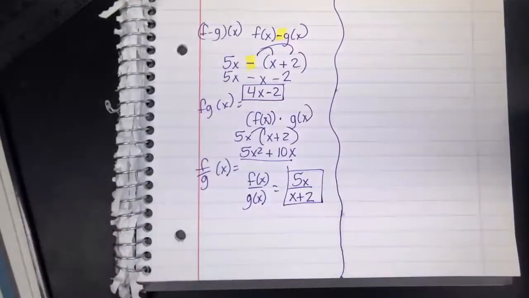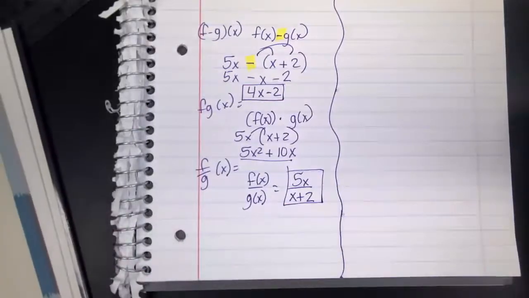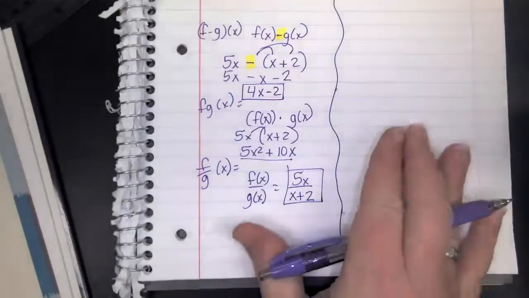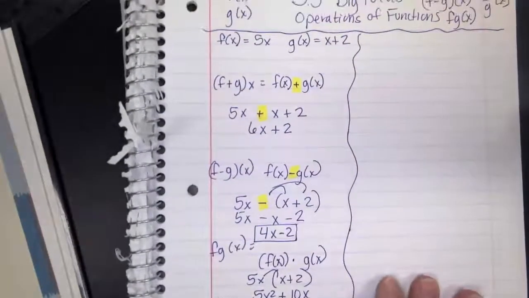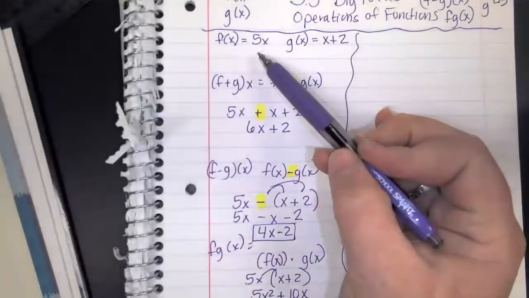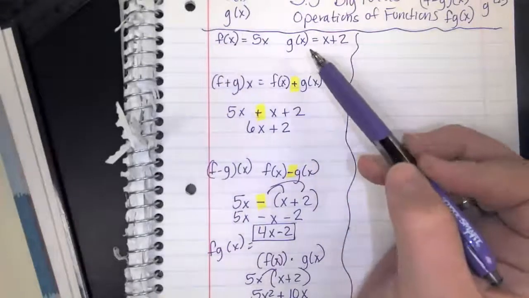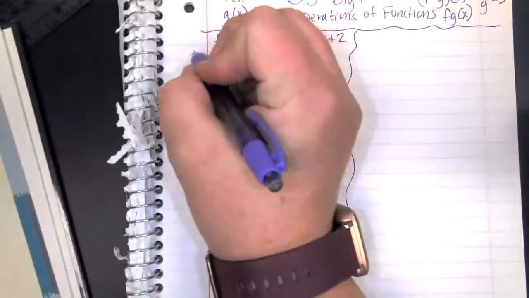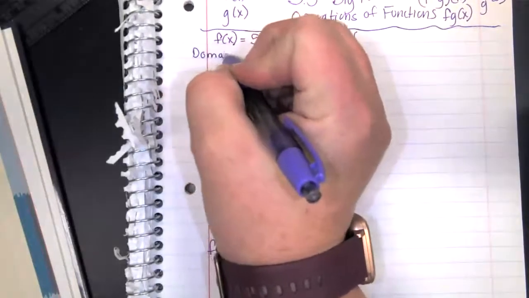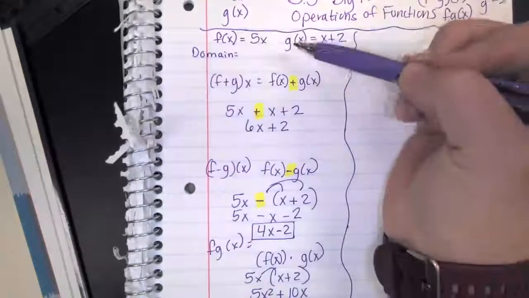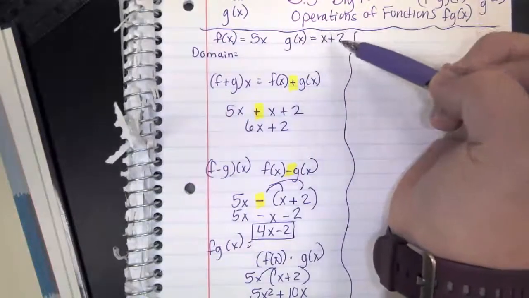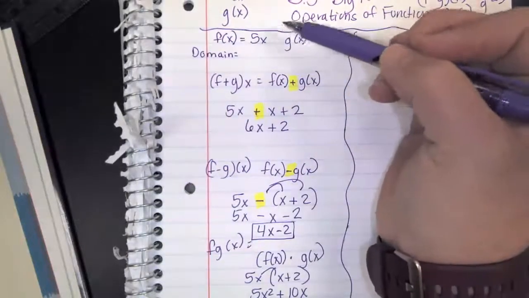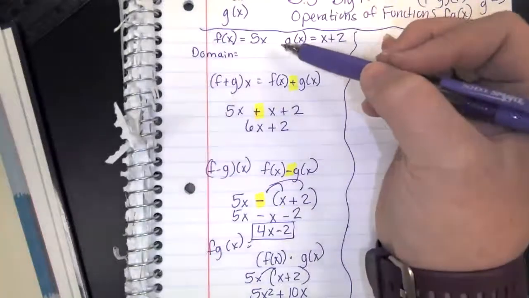Now, something else that we need to take into account: we've done domain and range with all of our square roots. We need to think about the domain and range, and the domain and range are really going to be the same for all of these as they would be for your two parent functions. What I want to talk about with the domain especially is whether there are any values of x that you can't use here that would give you an imaginary number.